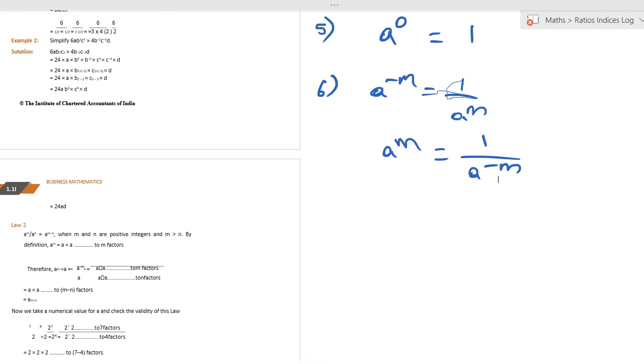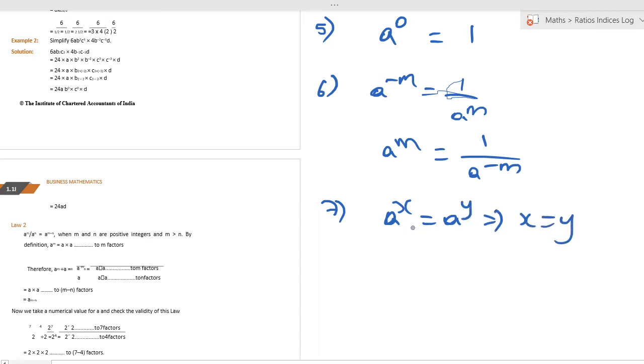So guys, also remember, when bases are equal, powers will be equal, or when powers are equal, bases will be equal. I'll show you how. If a power x equals to a power y, then x will be y. When bases are equal, powers will be equal.